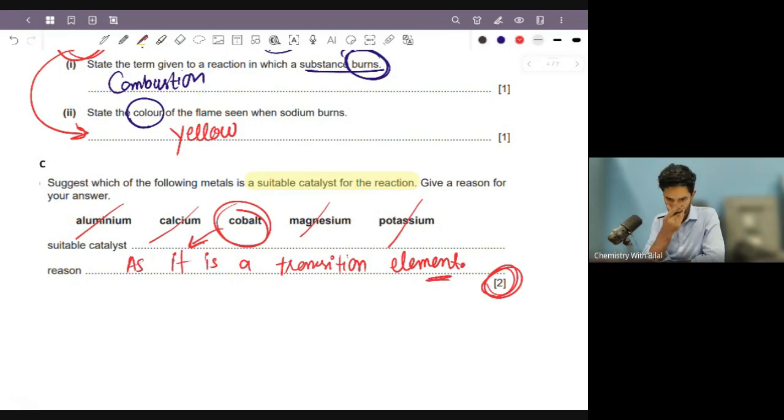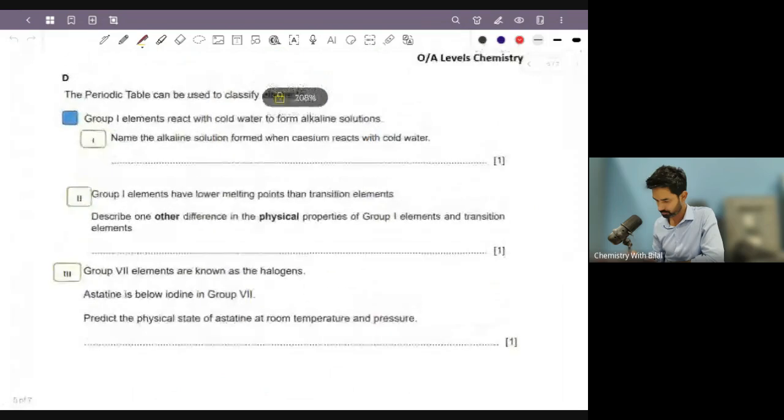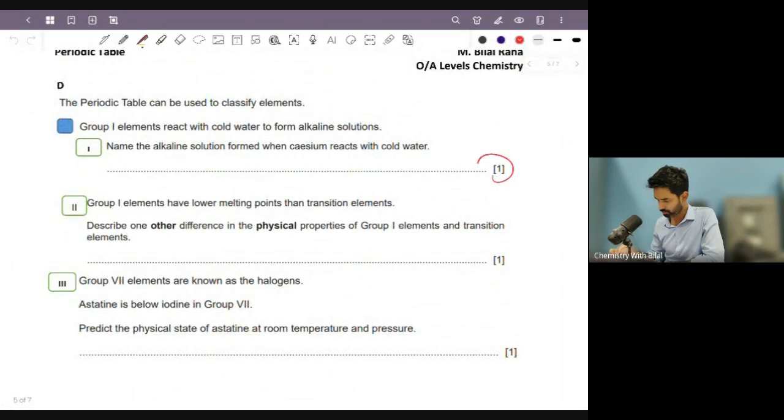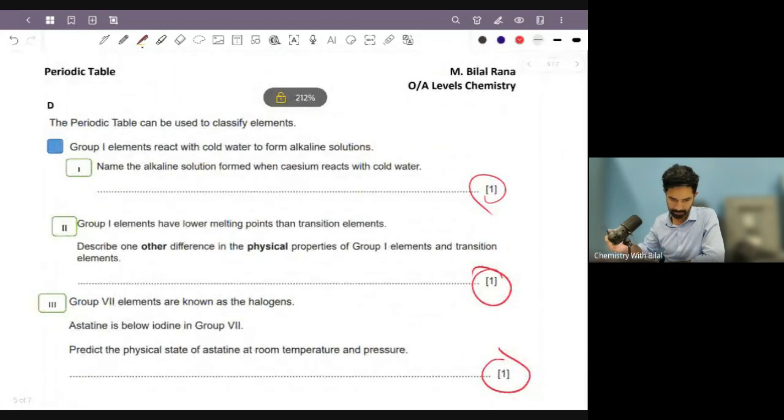Make sense? Yes. 3 marks, less than 1 minute. Everyone, please.